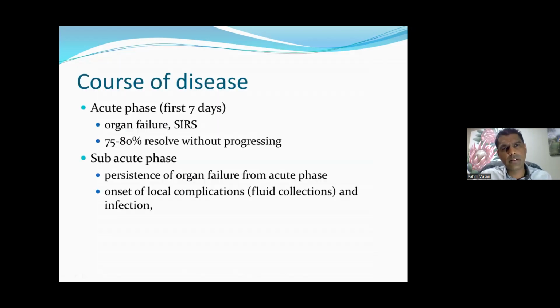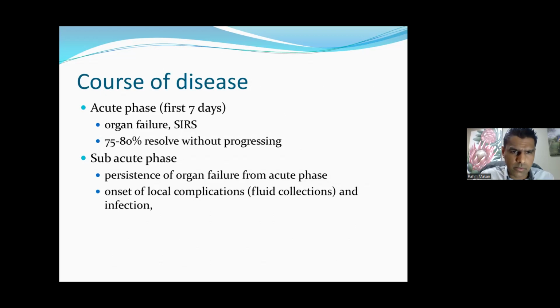So the course of disease is characterized by an acute phase, which is the first 7 days, in which you may have organ failure or SIRS. Once again, 80% of these patients often resolve without progressing further.